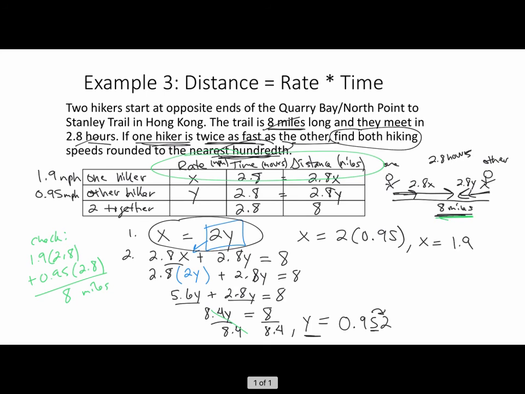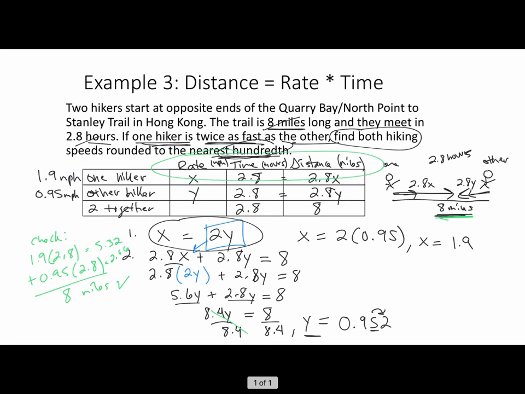And I say roughly because we did do some rounding. So let's put that in the calculator. The first one gives us about 5.32, and the second one is roughly 2.66. If we add those together, that's about 8 miles altogether. So that does make sense.